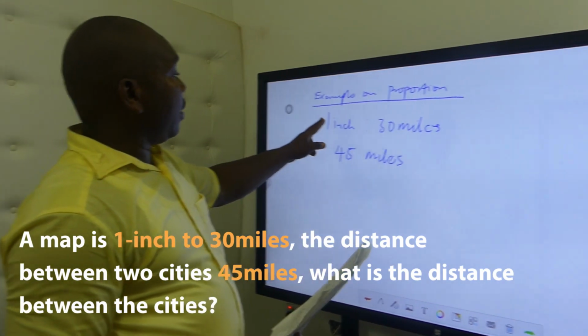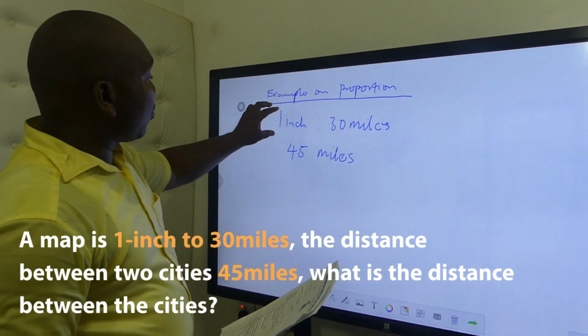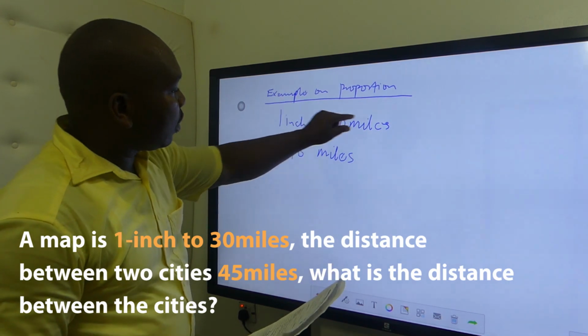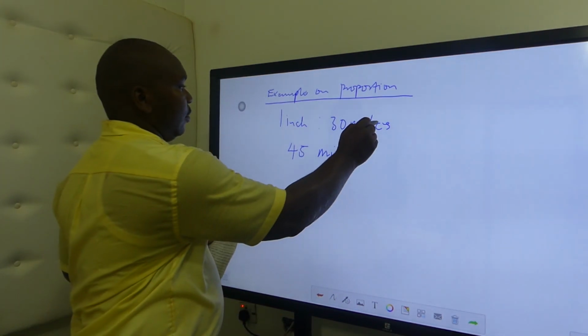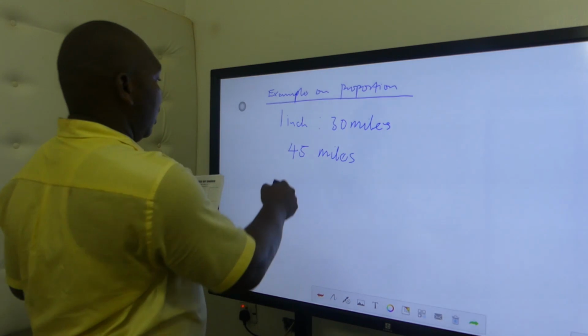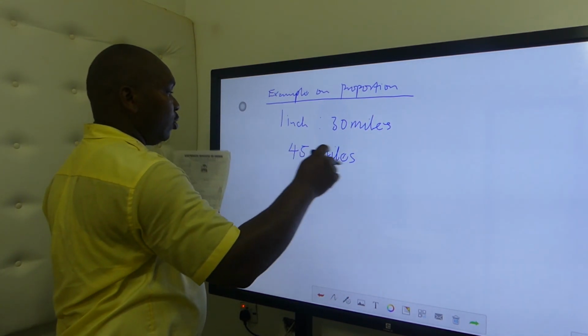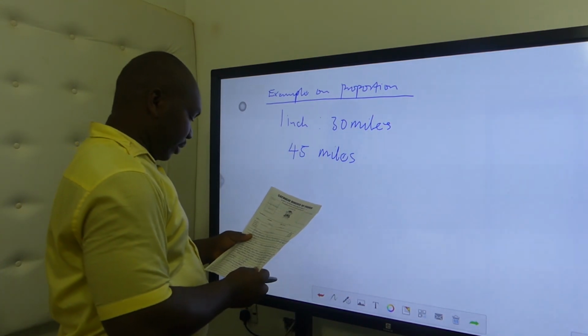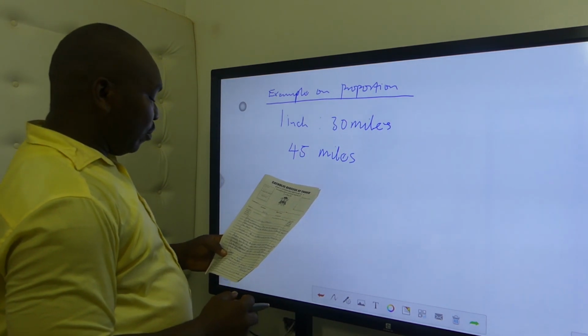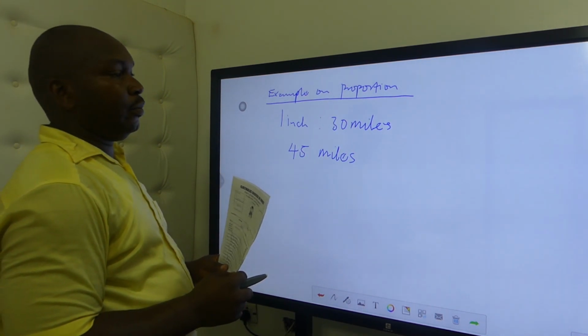This is the map. The map is 1 inch is to 30 miles. Then the distance between two cities is 45 miles. What is the distance between the cities on the map?